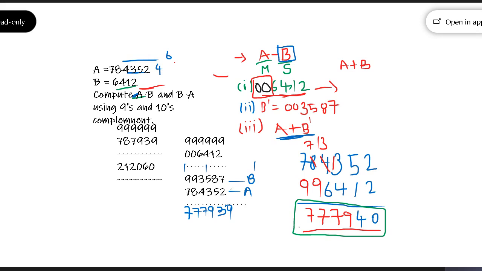So now what is this 1 here? Carry. Remember what we did in the 1's complement. This nines complement is nothing but the 1's complement thing. So what do we do with this carry? We add it to the LSB of the particular number.